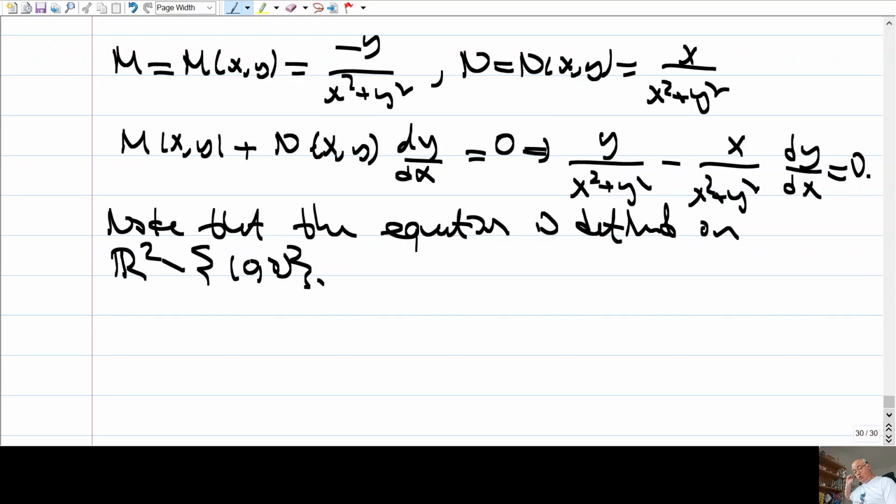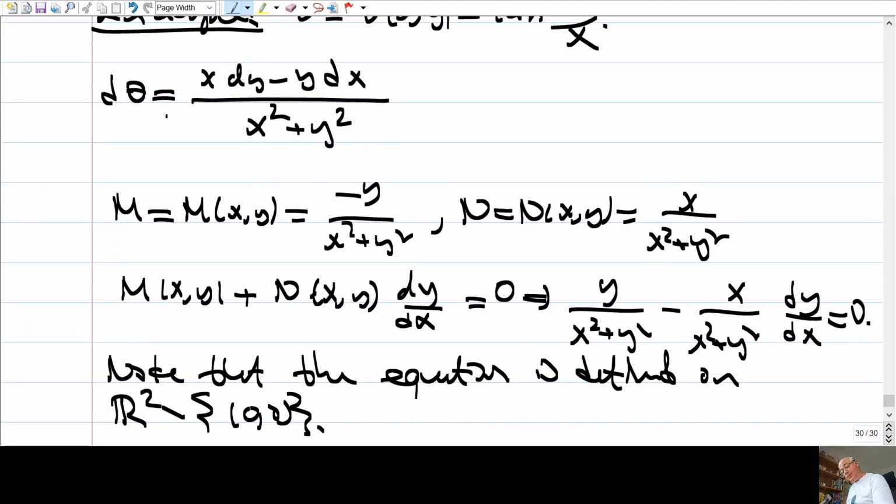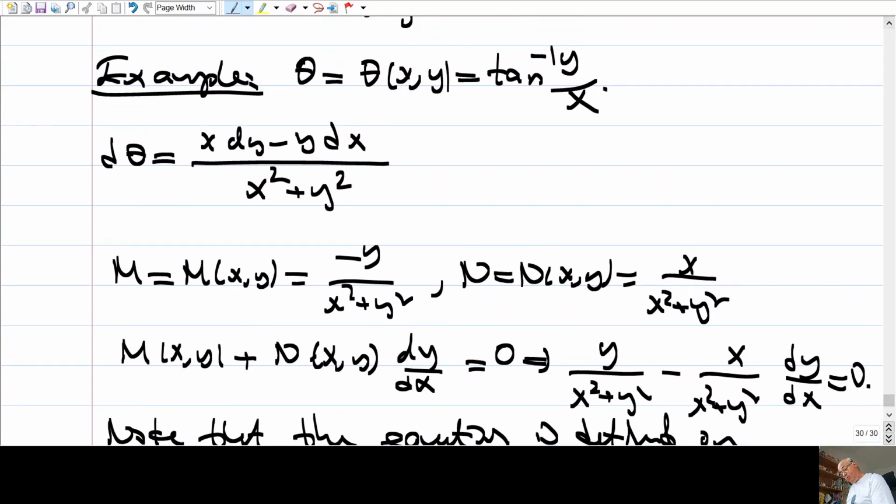And what is the solution of this? This is almost an exact equation. If you integrate this, you will get this function theta.